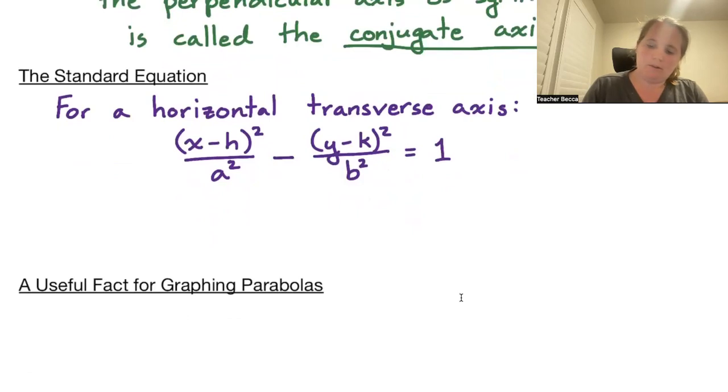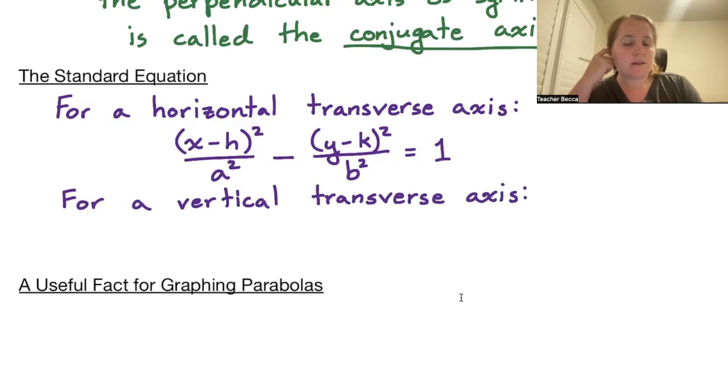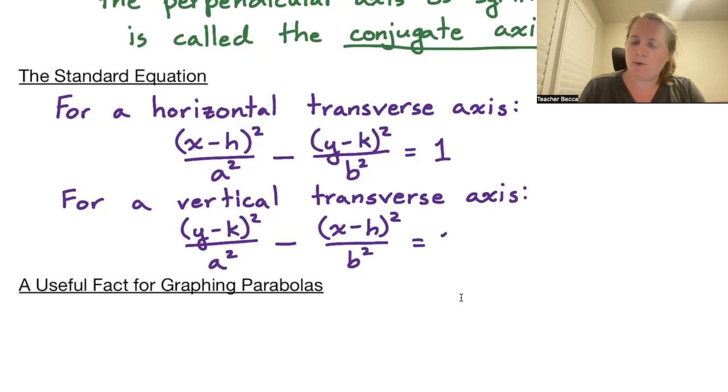For a vertical transverse axis, we essentially swap the x and y. So we have (y minus k) squared over a squared minus (x minus h) squared over b squared equals 1.